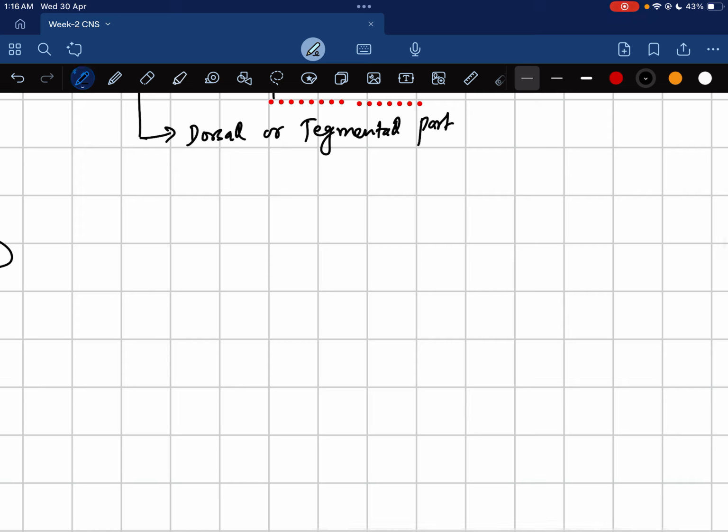Moving on to the dorsal part. In the dorsal part, there is the trapezoid body.